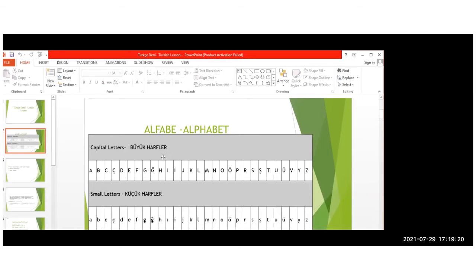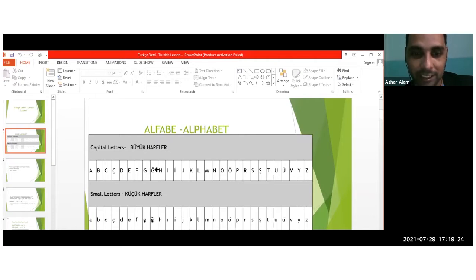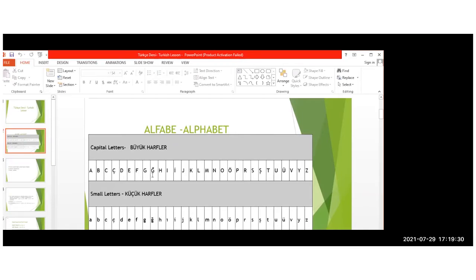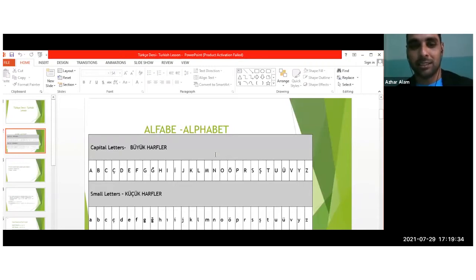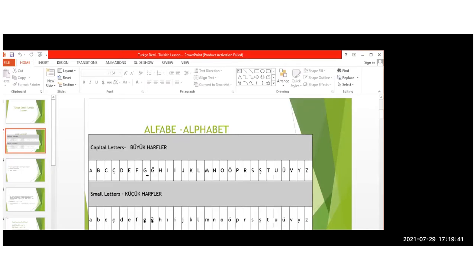There are no silent letters in Turkish. Only one letter in Turkish is silent, which is this. We will go to this. Except it, all the other letters have no silent letters in Turkish. So we have 29 letters.